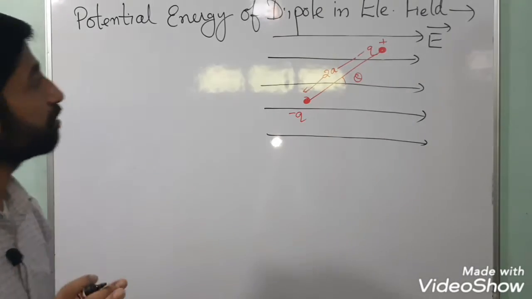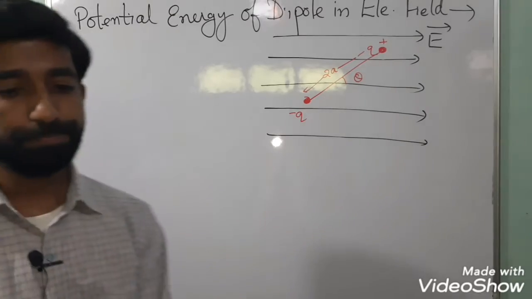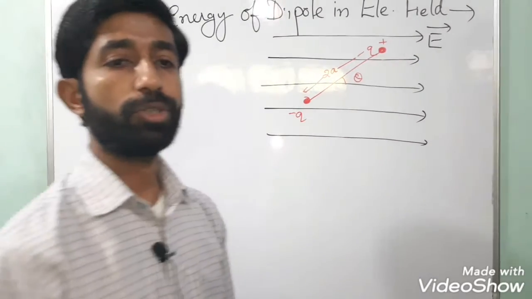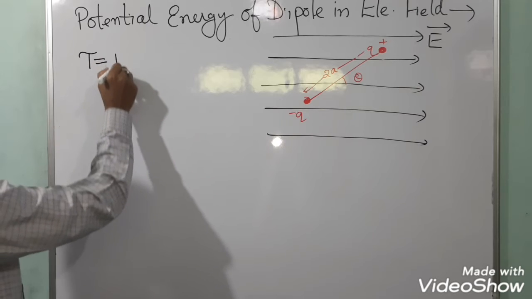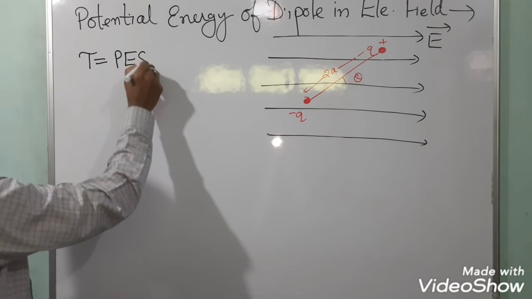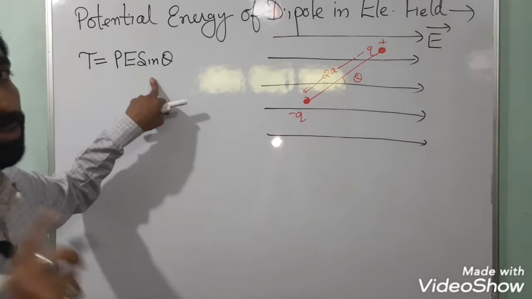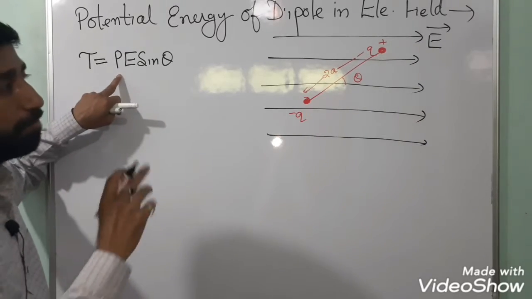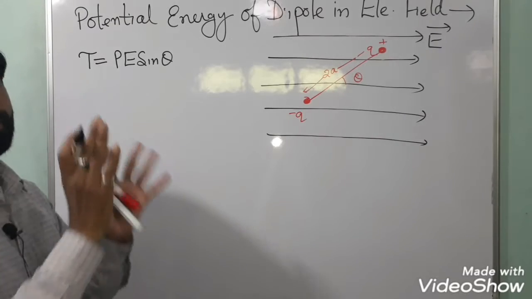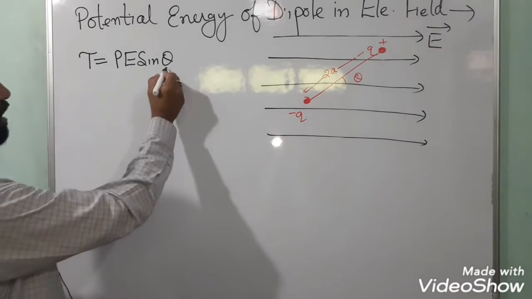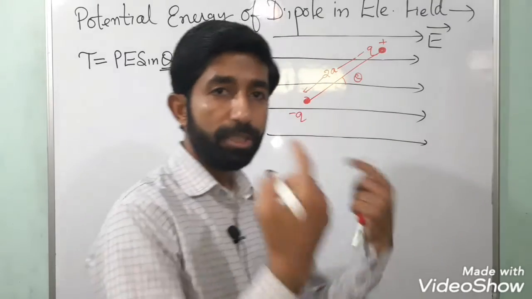We know that the torque is given by tau is equal to PE sin theta. The symbols have usual meanings. P is the dipole moment of the dipole so placed, E is the magnitude of the intensity of the field, and theta is the angle in which the dipole is placed.